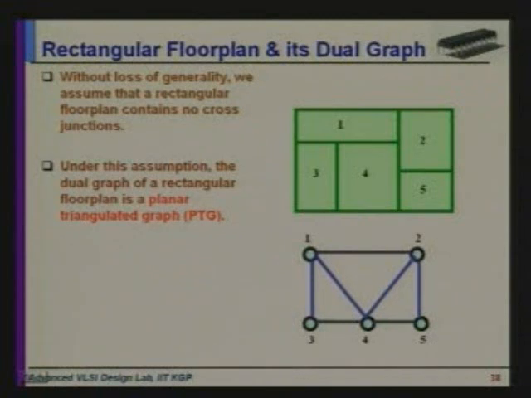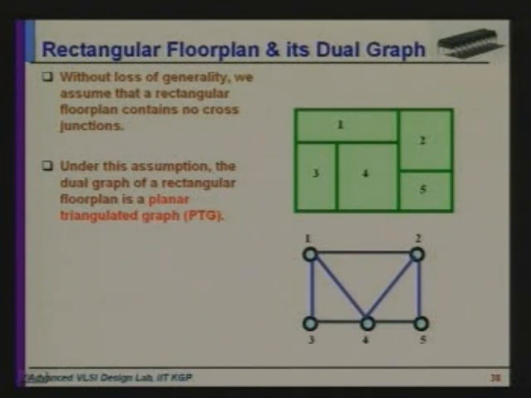So we first need to know what is a planar graph. A planar graph is just a graph which can be drawn on a plane without two edges crossing. What is defining a triangulated graph?